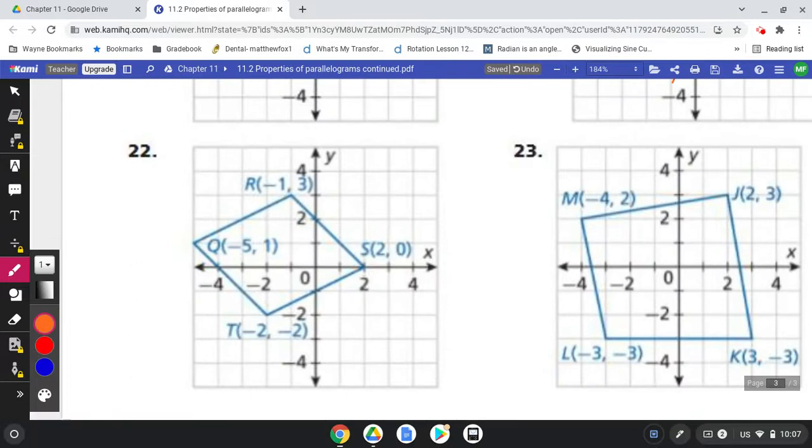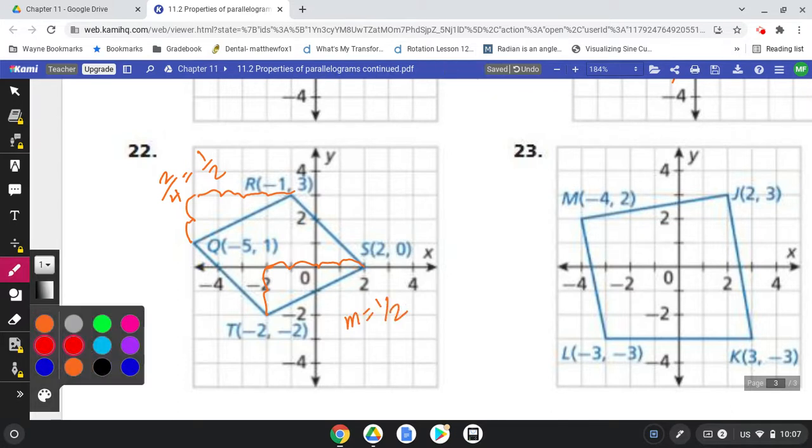Okay, 2 more. I'm not going to spend quite as much time now that we've kind of dissected that. So rise of 1, 2 over 1, 2, 3, 4. So 2 over 4, which reduces to 1/2. Up 1, 2 over 1, 2, 3, 4. Slope of 1/2. So those two are the same.